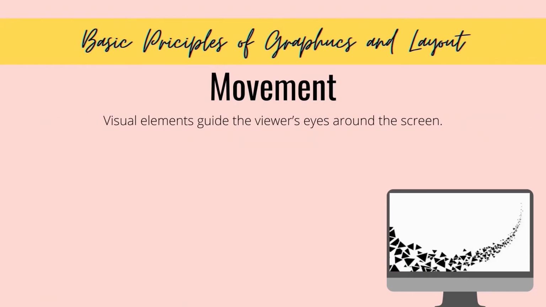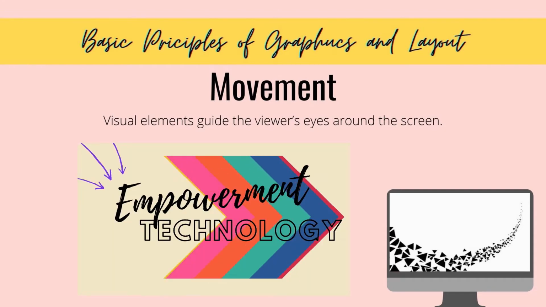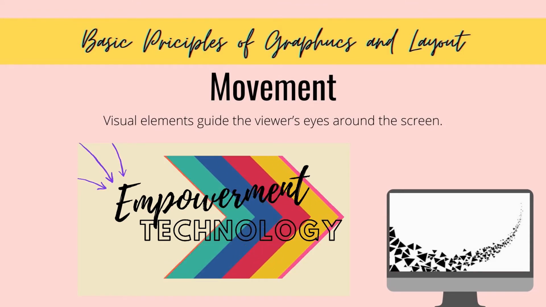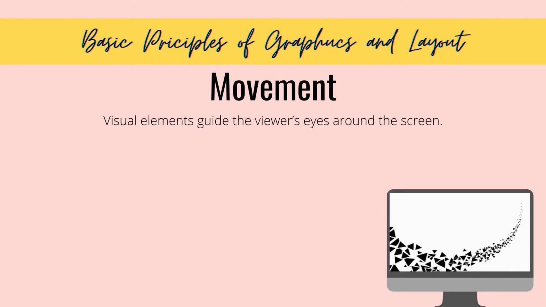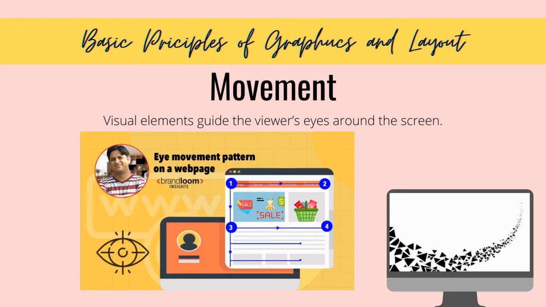Movement. Visual elements guide the viewer's eyes around the screen. Such movement can be directed along lines, edges, shape, and color within the work of art. This is an example of a web page. So here it shows the eye movement pattern in a web page. Usually, yung movement ng mata ng viewers kapag nagbabasa siya or tumitingin siya ng isang web page, ganito.